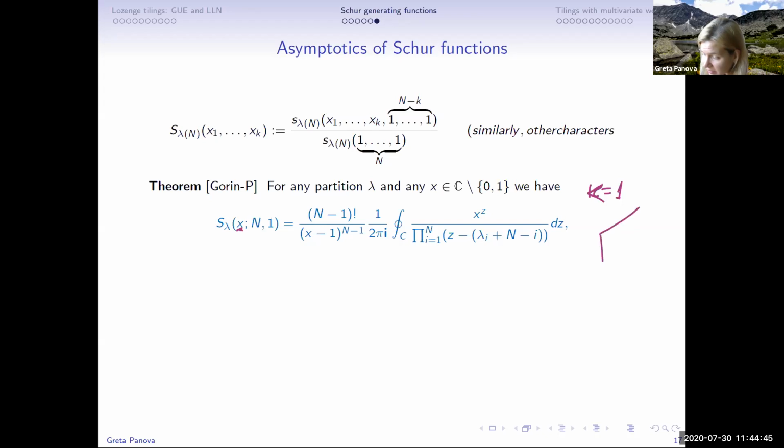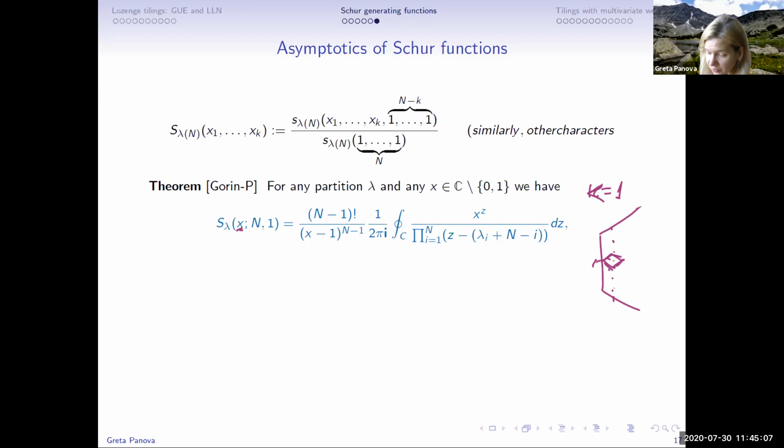Again, as I was saying, this one variable case would correspond to just the original moment generating function, because everything is very simple in this case for the last lozenge that is next to the boundary.